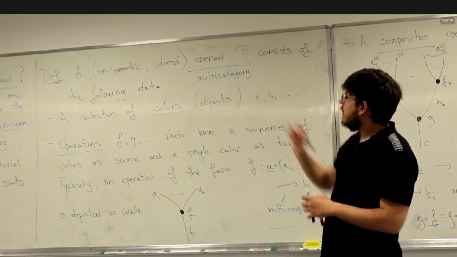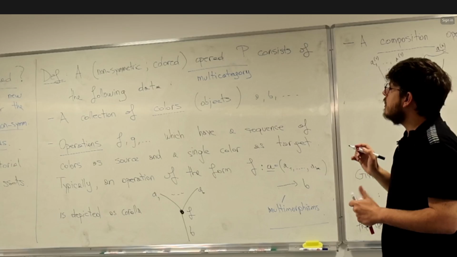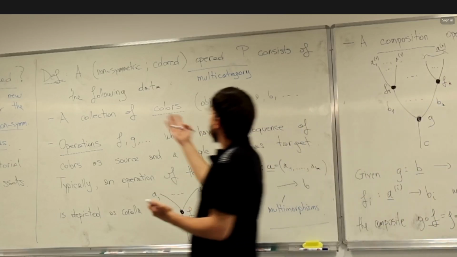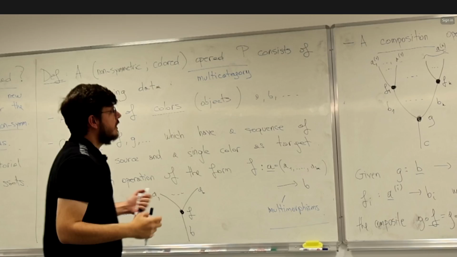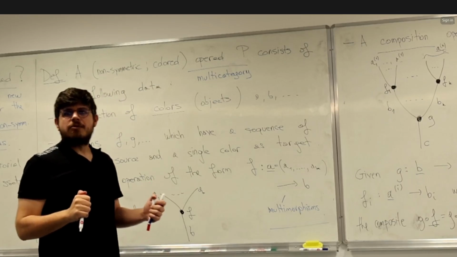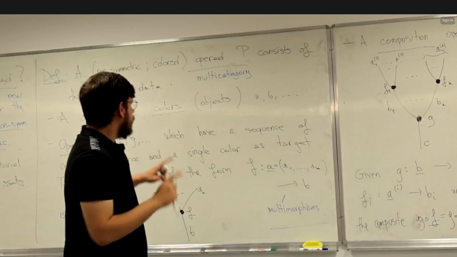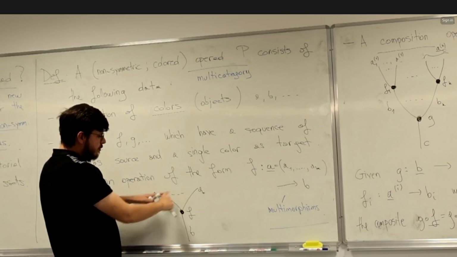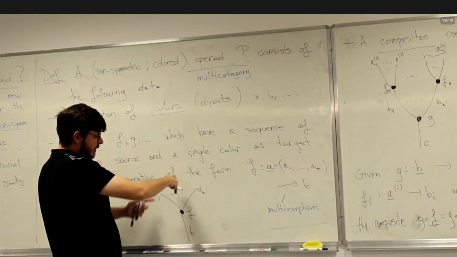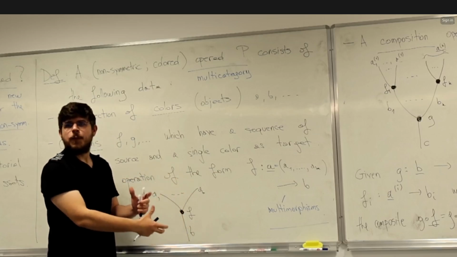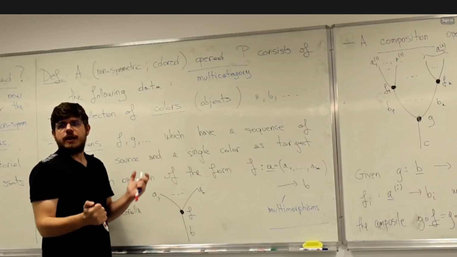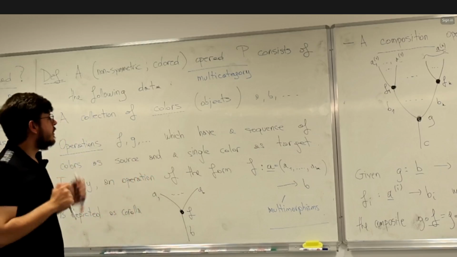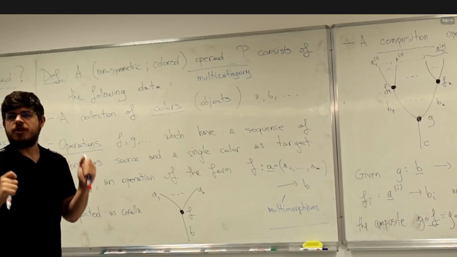Another thing I want to say in words: why did I emphasize non-symmetric? It's odd to emphasize something which is not there. An operad is called symmetric if any permutation of the inputs gives you a new operation. I'm not assuming that, for combinatorial reasons today.